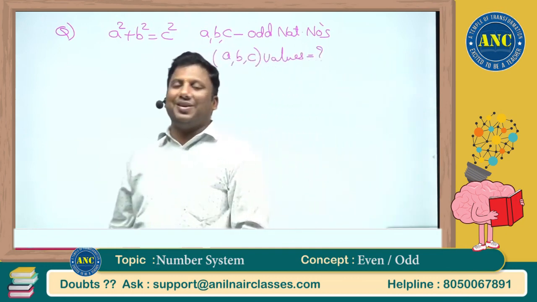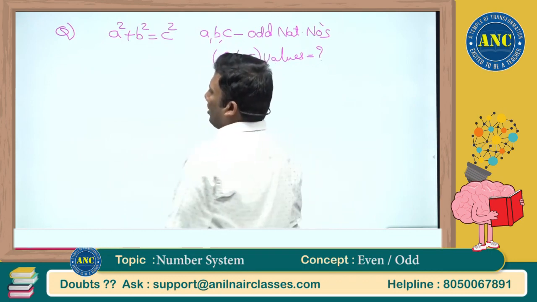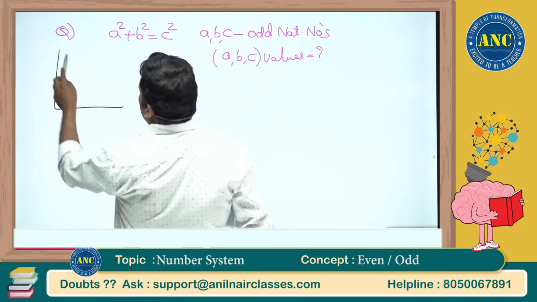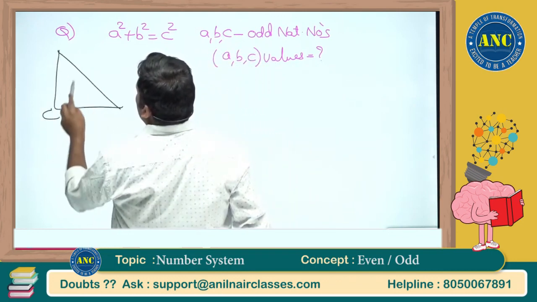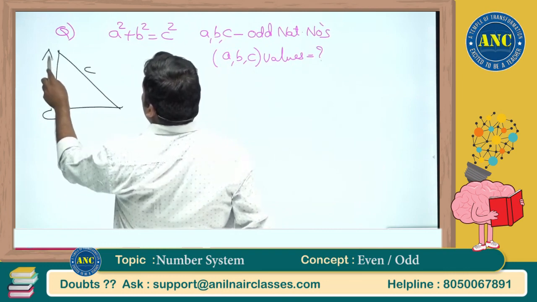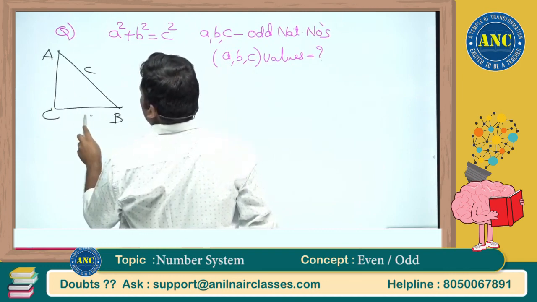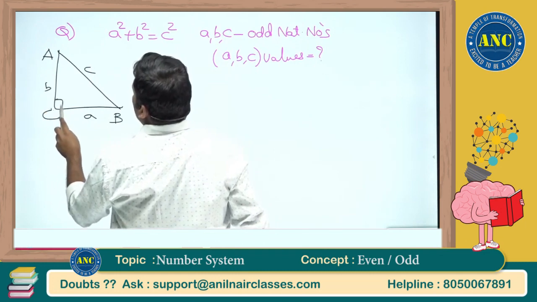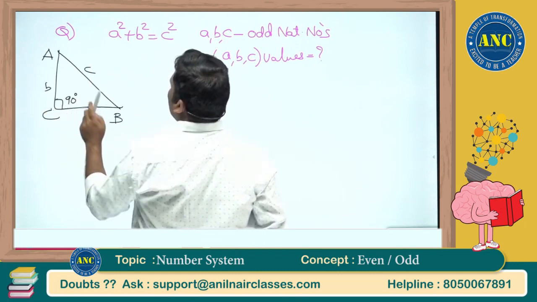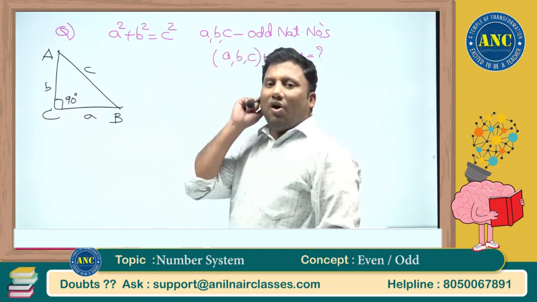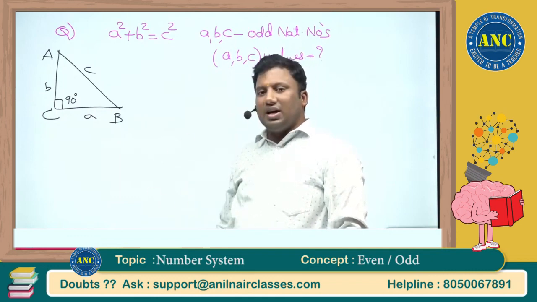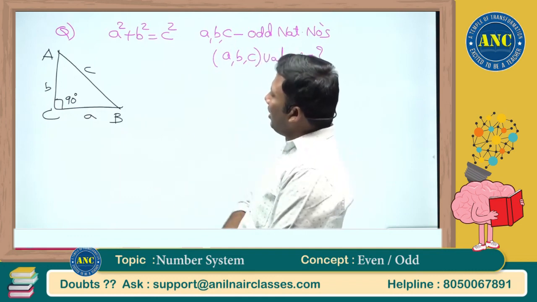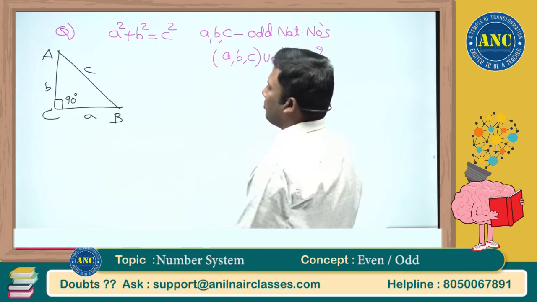Another very good question. Actually, this question can also be asked in geometry like this: how many right-angled triangles exist with all the three sides being odd numbers? A square plus B square equivalent to C square.